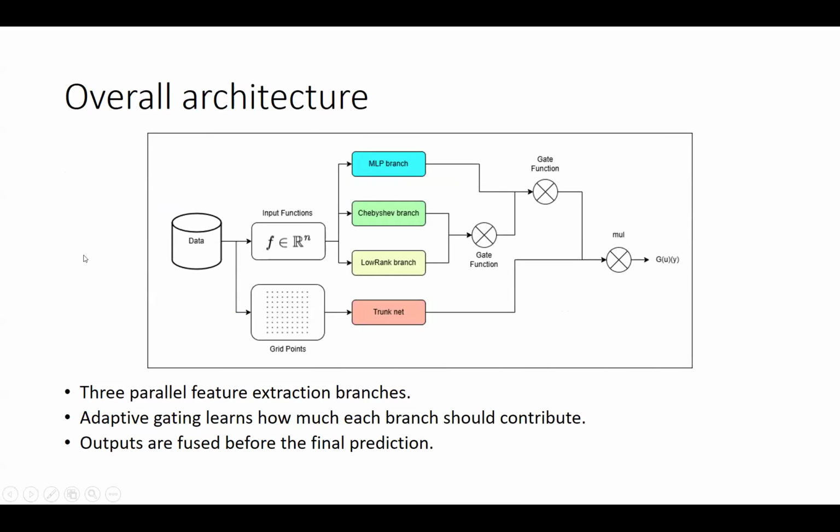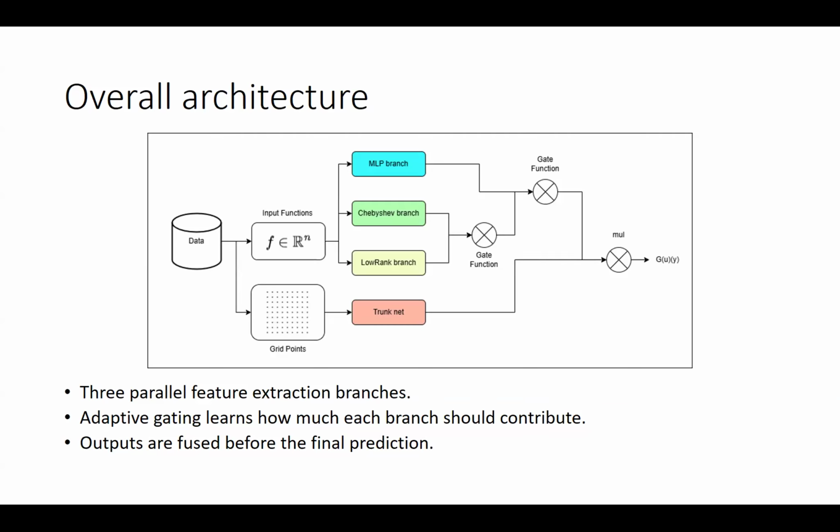As you can see, here's a complete blueprint of our architecture. We can trace the data flow from left to right. The input consists of the discrete function f and grid points. The spectral grid coordinates go straight into the trunk network. This ensures the final model remains fully continuous and mesh invariant.